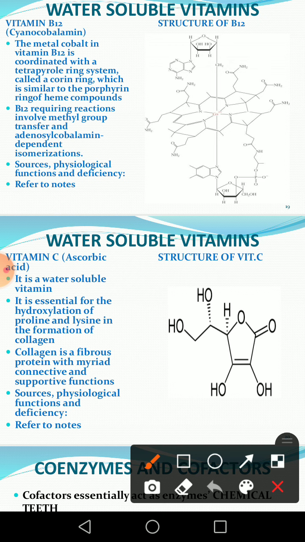The metal cobalt in vitamin B12 is coordinated with a tetrapyrrole ring system, as depicted in the diagram, called a corrin ring, which is similar to the porphyrin ring of heme compounds. B12 requiring reactions involve methyl group transfer and adenosylcobalamin dependent isomerization.